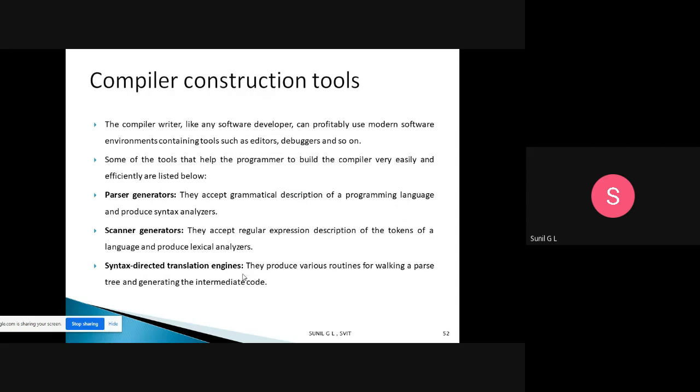That intermediate code is, for example, T1 = int float of 10, then T2 = ID3 * ID1, and so on. The intermediate code will be generated, and for that we have a syntax directed translation engine.